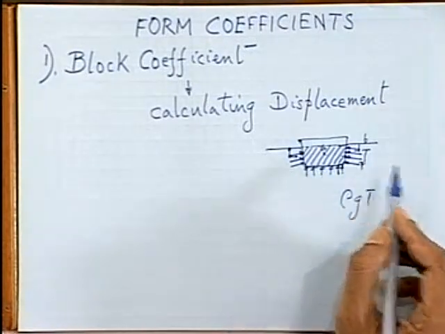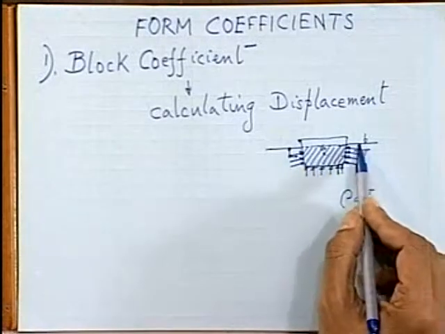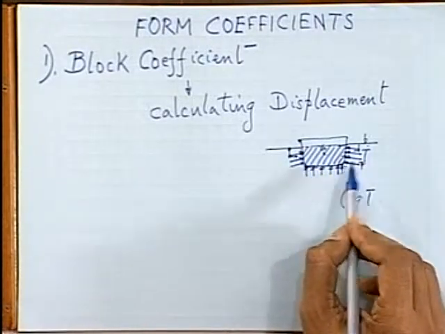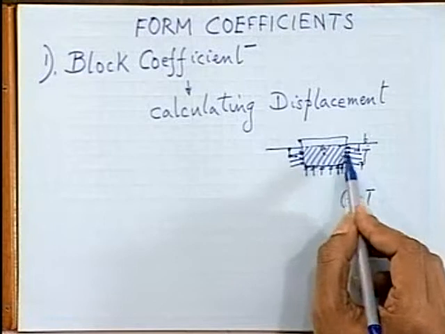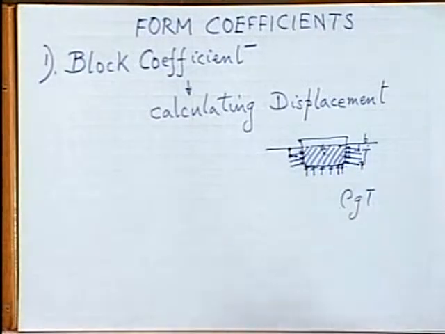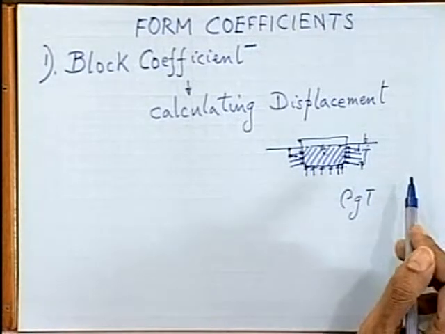You take the horizontal area, your draft is this, you will get this area, and if you multiply by rho g, you will get the volume that is displaced. So that is the Archimedes principle.